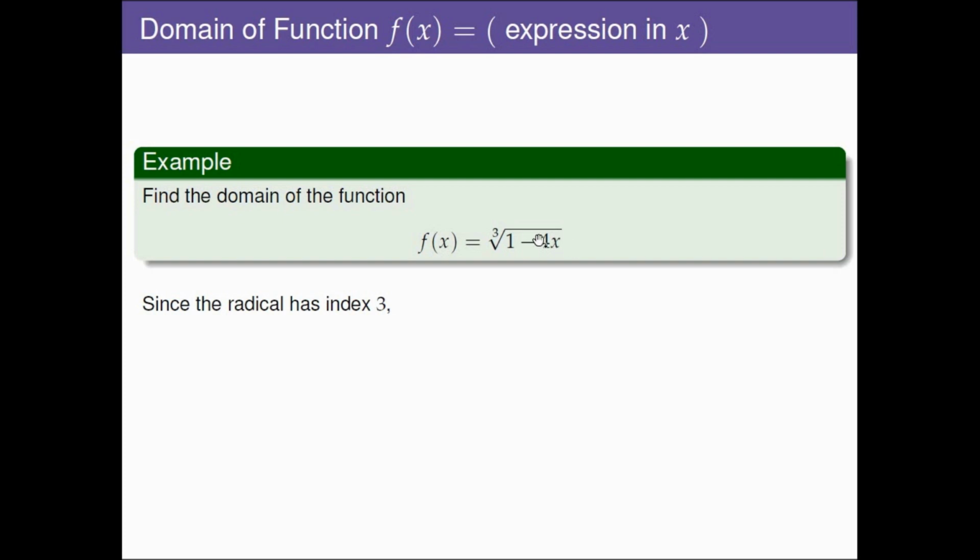As long as the expression inside the radical is defined, so the domain of f is the set of all x such that 1 minus 4x is a real number. This is just the set of real numbers, since for every x, 1 minus 4x is defined. We hope you can see the difference of this example from the previous example with the square root.